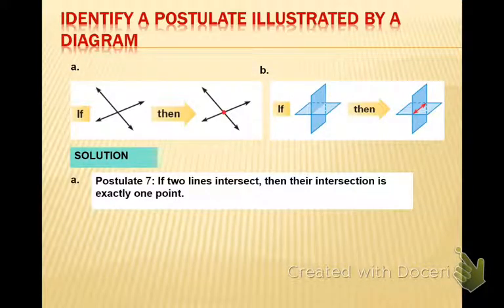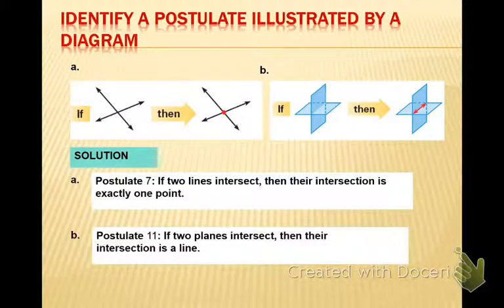Good. And what about diagram B, Rylan? 11. 11, which says if 2 planes intersect, then their intersection is a line. That's exactly what it's showing. Good. And then the last one.